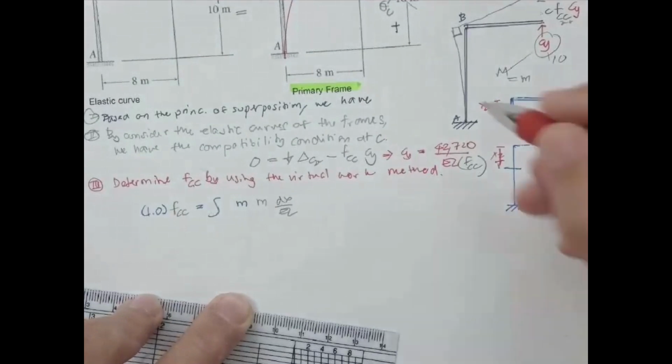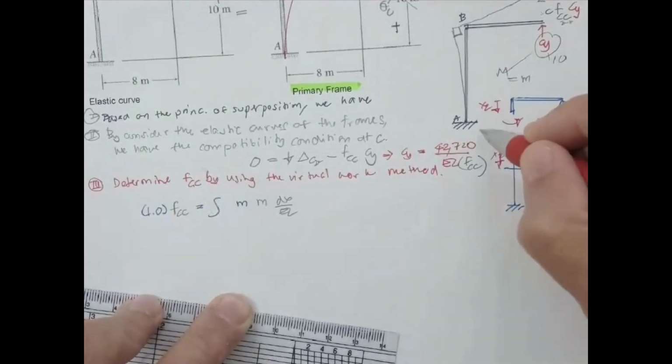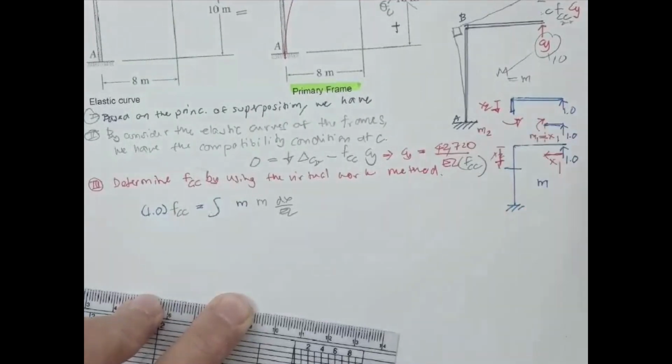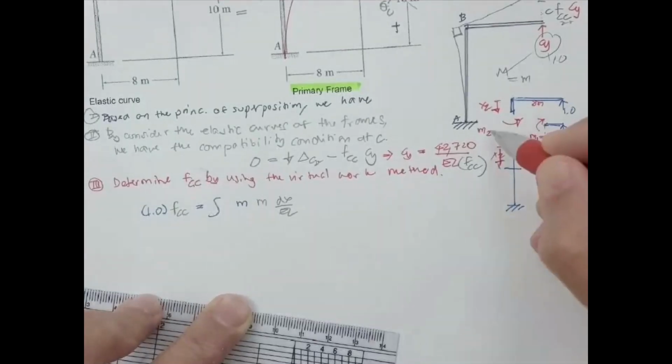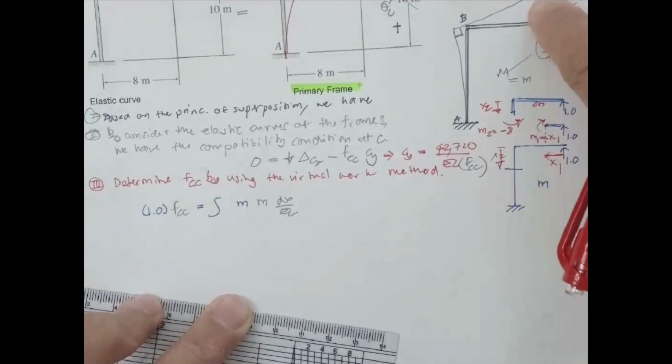If you say this is going to be your small m2, this is gonna be 8 meter. If you put it in this direction it's gonna be minus 8. The same direction, minus 8.